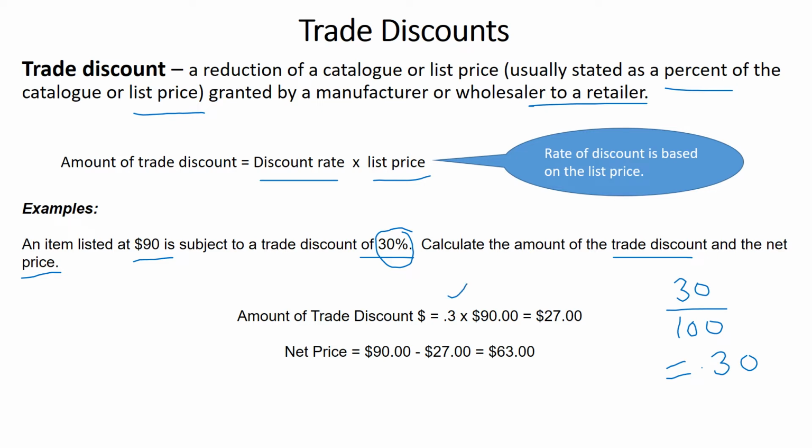So 0.3 times the list price gives us $27. This is the amount of reduction from the list price. So the net price is list price minus amount of trade discount, which is $63.